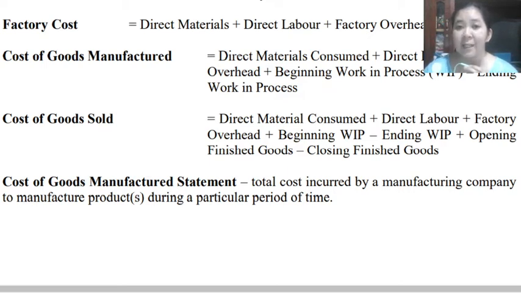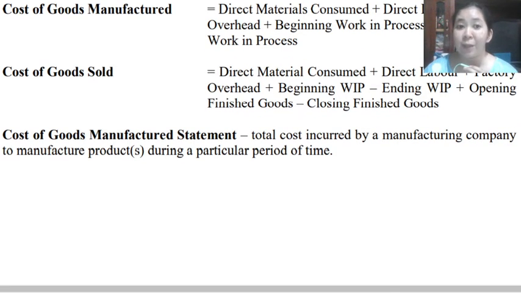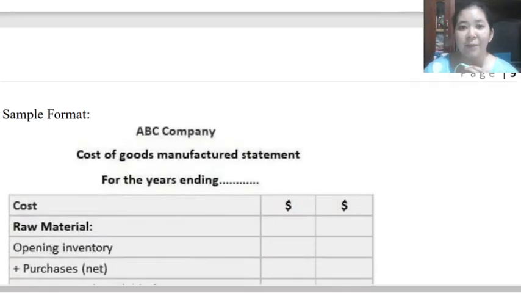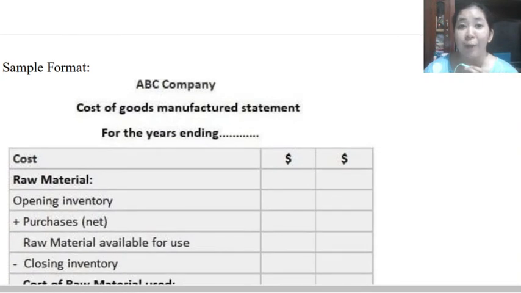Here, this will present the total cost incurred by a manufacturing company in manufacturing their products during a particular period of time. So we have here an example or sample format for ABC Company.